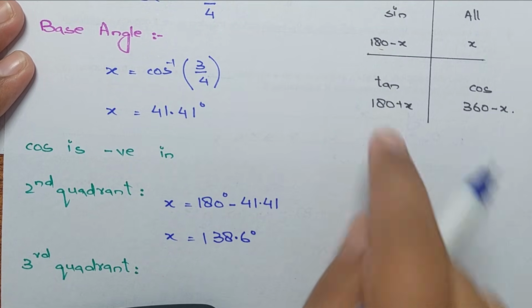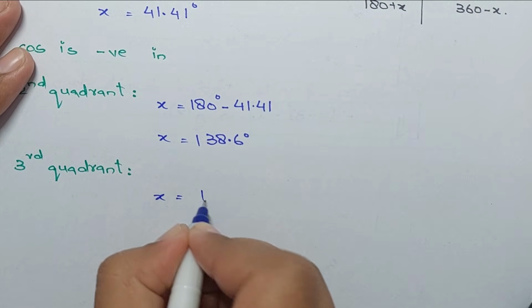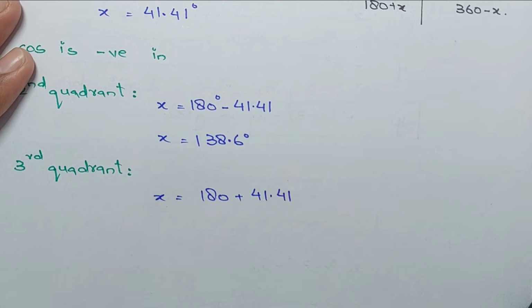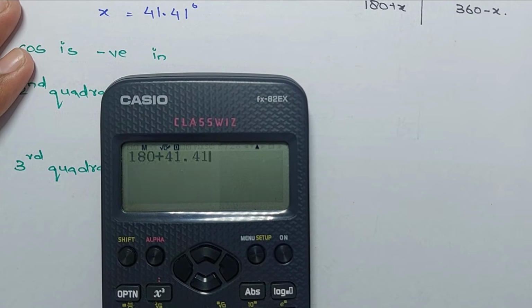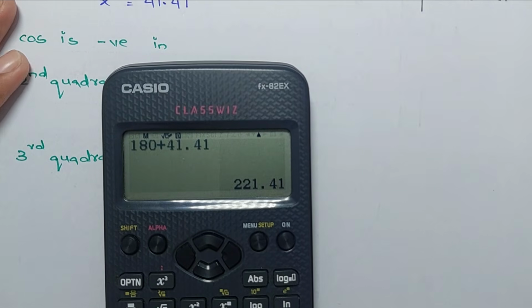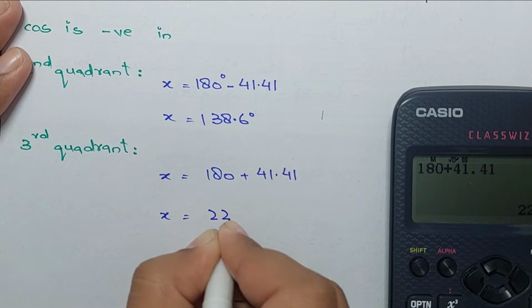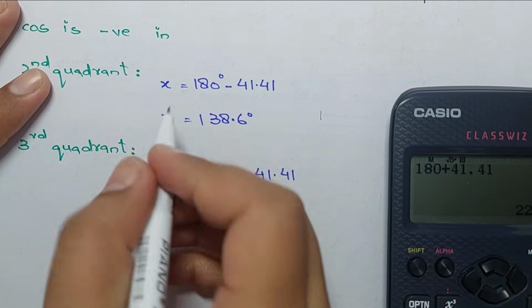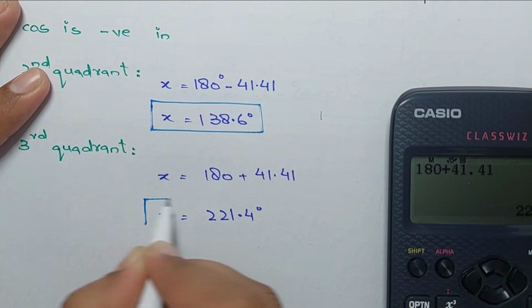And for the third quadrant, 180 plus the base angle. The x value is 180 degrees plus the base angle, which is 41.41. So 180 plus 41.41 is 221.41. So x is 221.4 degrees. So these are the two desired solutions from 0 to 360 degrees.